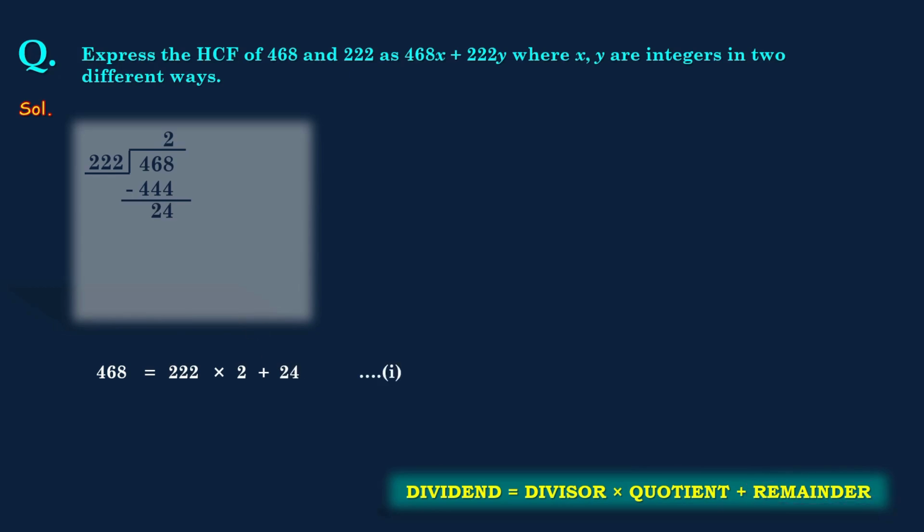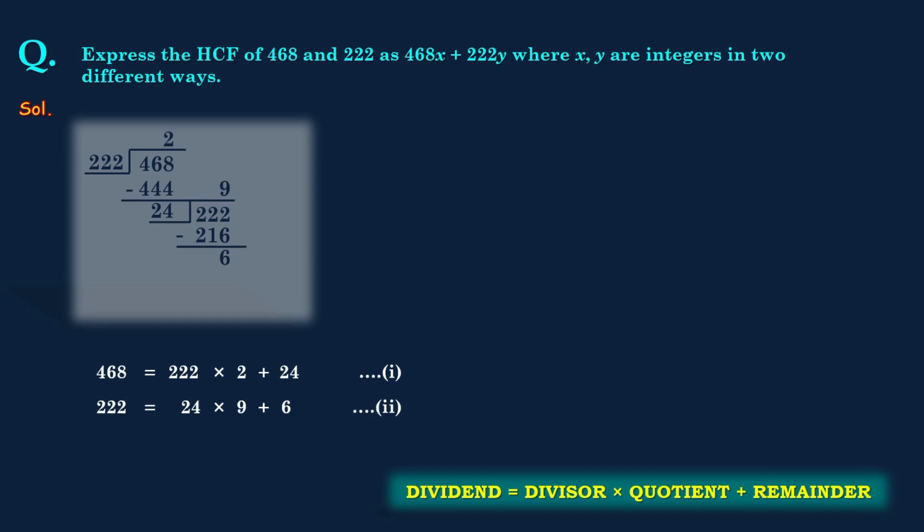Now this 24 will become the divisor and 222 will become the dividend. 24 into 9 is 216, so 6 will be the remainder. So 222 is the dividend, the divisor is 24, the quotient is 9 and the remainder is 6.